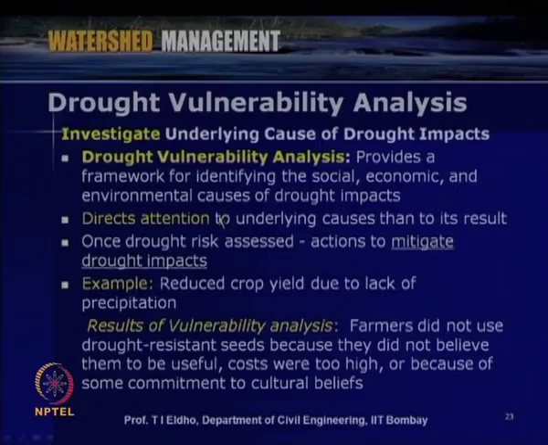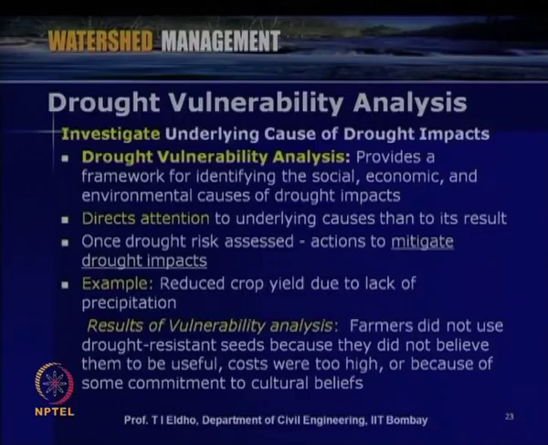So, what are the causes? According to the causes, we have to go for the mitigations or remediations. First we have to identify the causes, then the results. For example, we can go for water conservation or rainwater harvesting or build a dam. So, what kind of direct attention is needed?